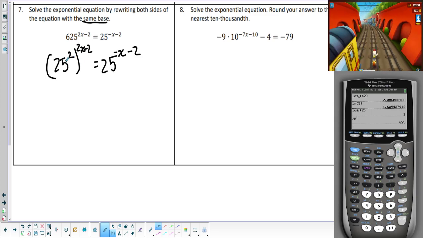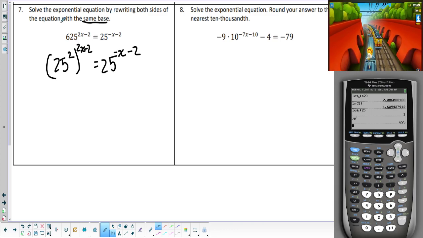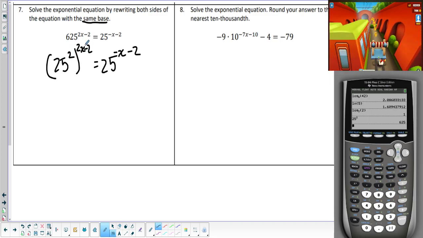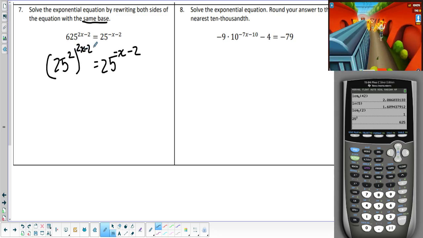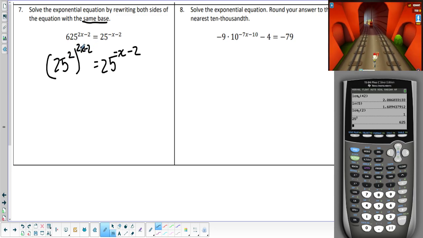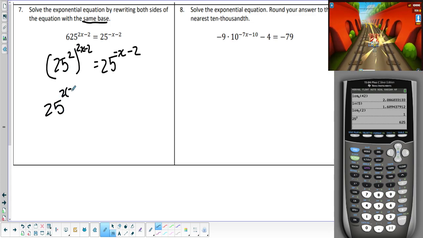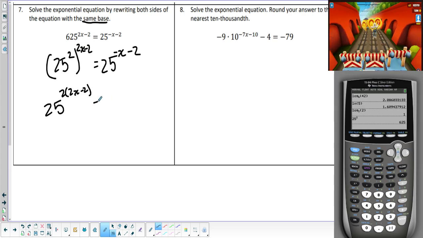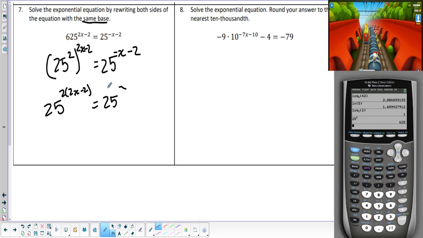The reason to do that is because I can now use the power to a power rule, and say that when I'm raising this 2 to the power of 2x minus 2, I can just multiply these to combine. And so this just becomes 25 to the power of 2 times 2x minus 2 equals 25 to the power of negative x minus 2.